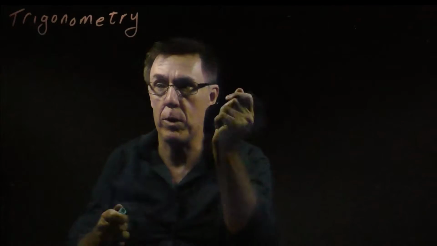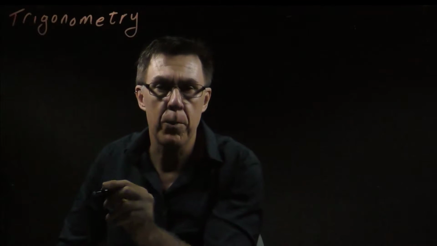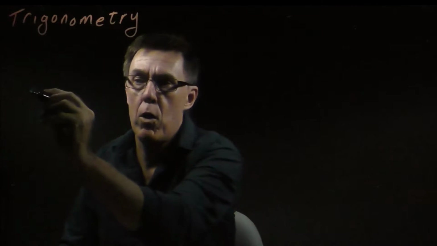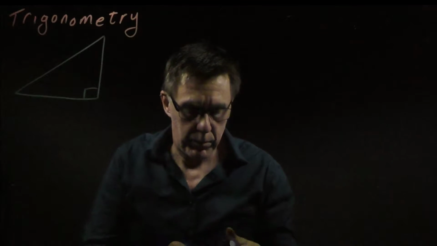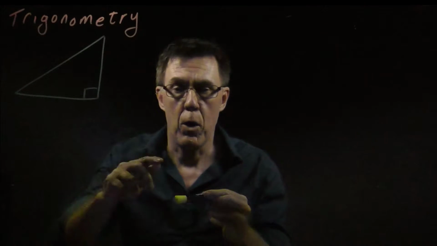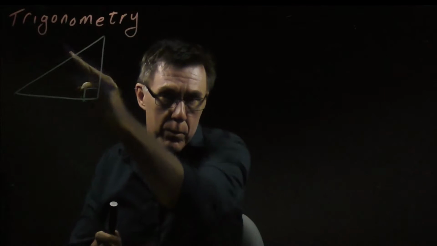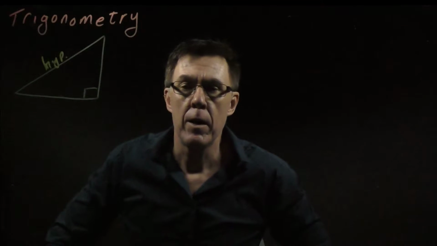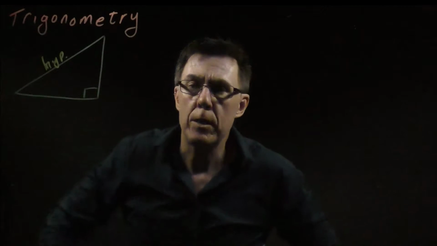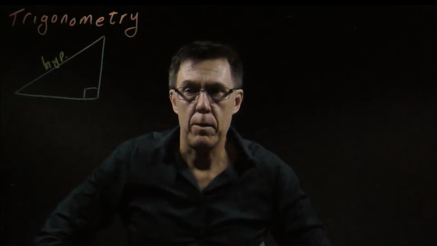Now, what trigonometry is, it's just the relationship between the sides of a right-angled triangle. So, we have a right-angled triangle. As usual, the hypotenuse, the one directly across from the right angle, there's our hypotenuse. Now, in trigonometry, these other two sides have very specific names.